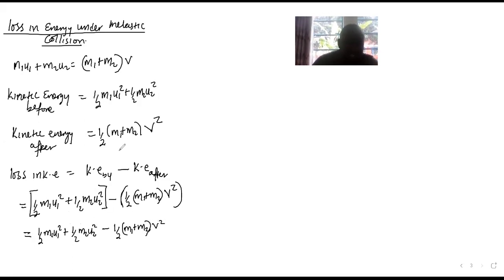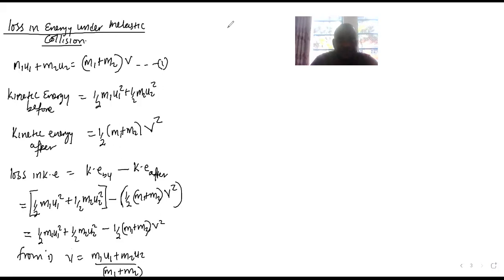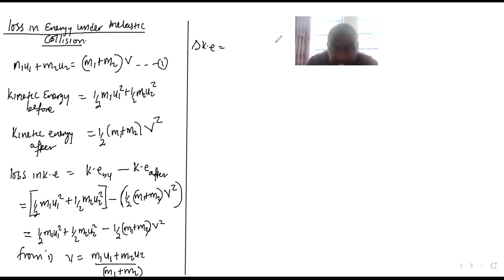I can make V the subject from equation 1 by saying from 1, you can realize that V is actually equal to M1 U1 plus M2 U2 all divided by M1 plus M2. With that, eyes open widely here. Change in KE, that symbol which is like a triangle represents change.